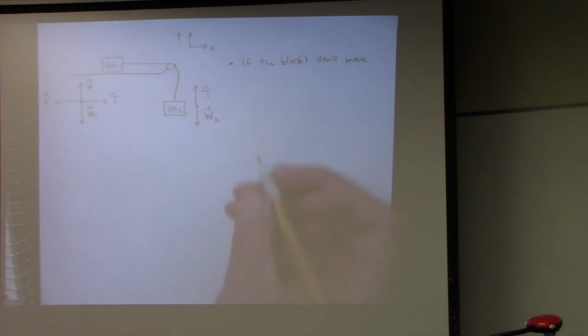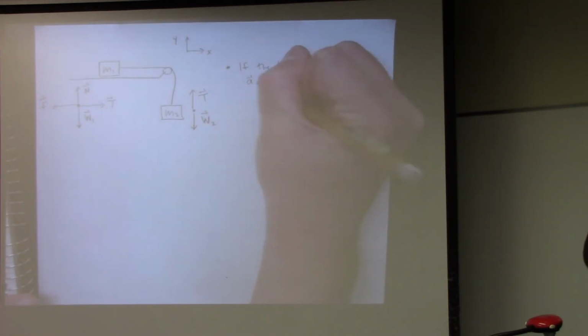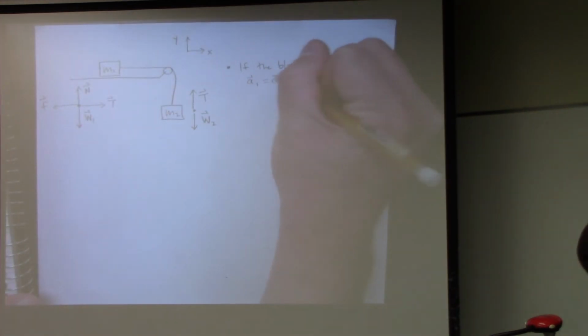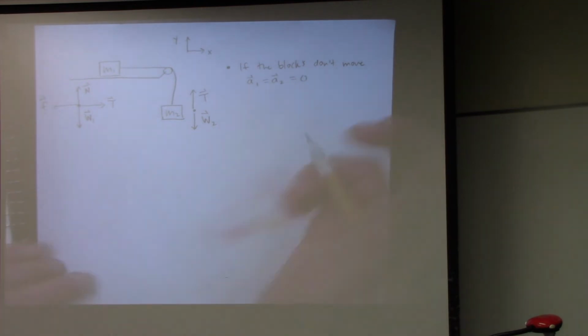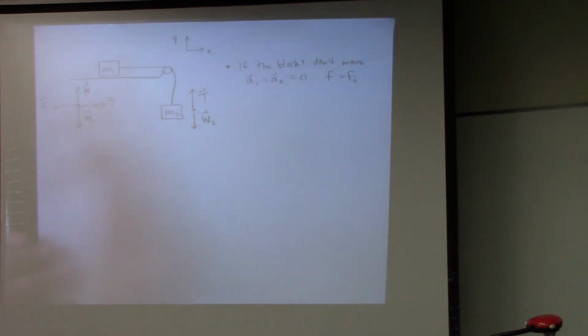And what do we know in that case? Well, a1 and a2 are both going to be 0. If neither of them are moving, neither of them are accelerating. And also in the diagram where I have a friction force, that's going to be a static friction force, because that's what is happening if this block isn't moving. It's static friction.